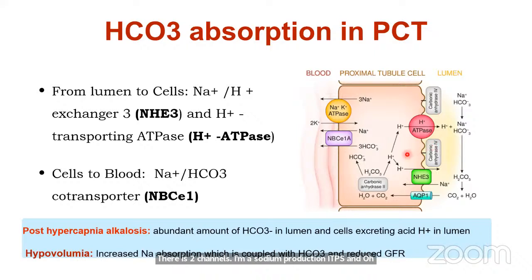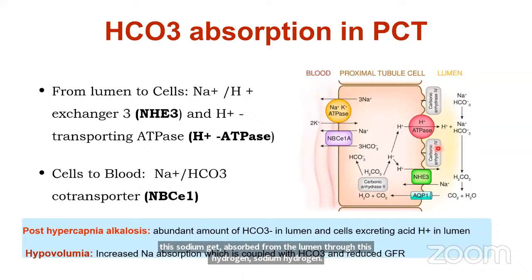So what happens is that because the sodium is absorbed from the cells into the blood, inside the cells there is low sodium. So sodium gets absorbed from the lumen through the sodium hydrogen exchanger, with the exchange of the hydrogen ion into the lumen.